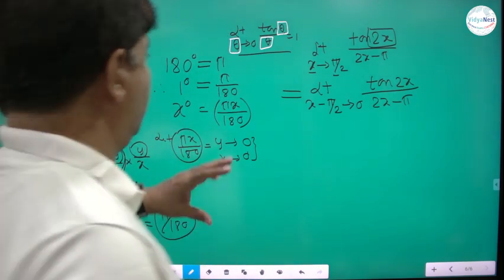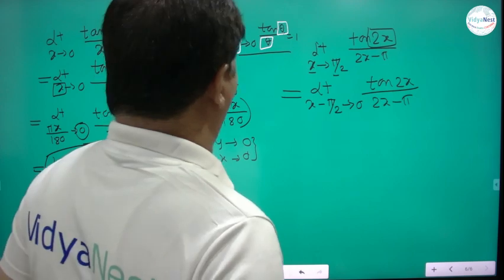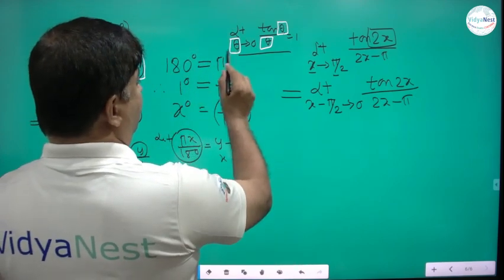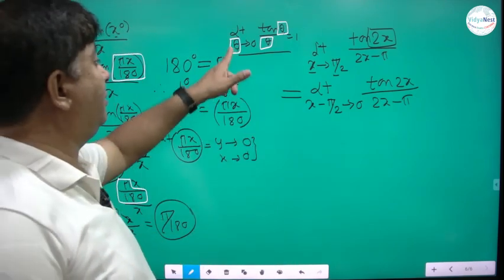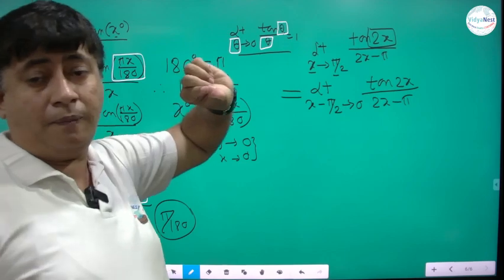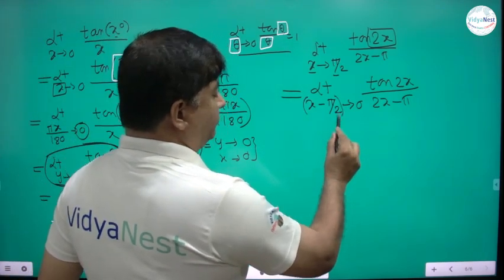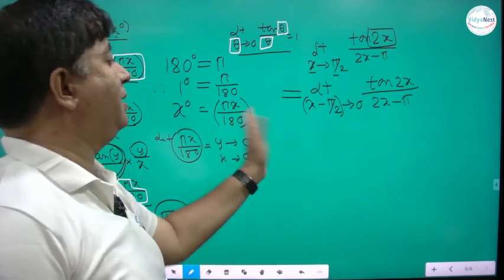Once you do this, then another thing will play in your mind: here we have theta tends to 0. Theta is a single term, but here we have x minus pi by 2.